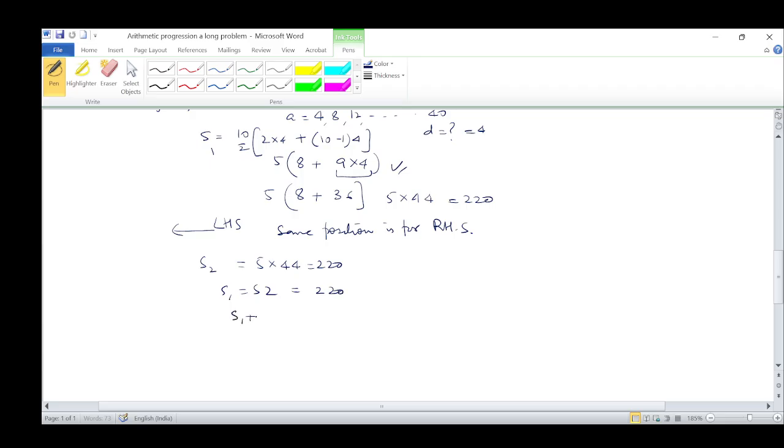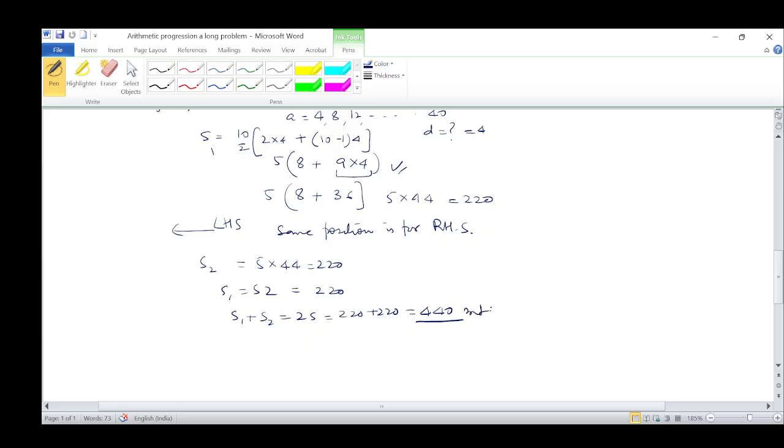So S1 plus S2 is 220 plus 220, equal to 440. The total distance travelled by the peon would be 440 meters.